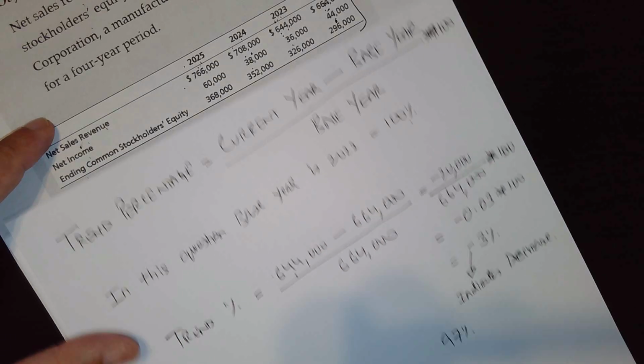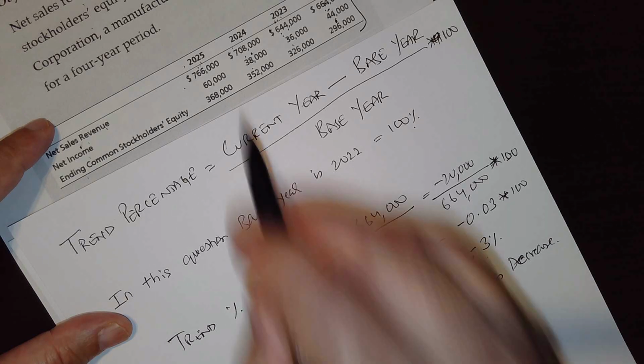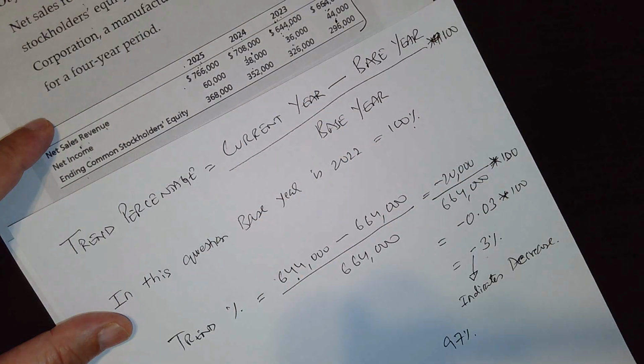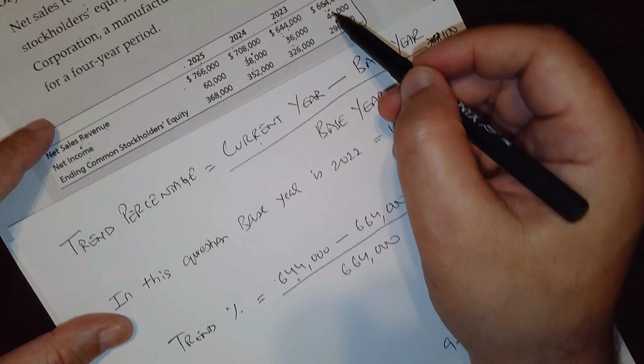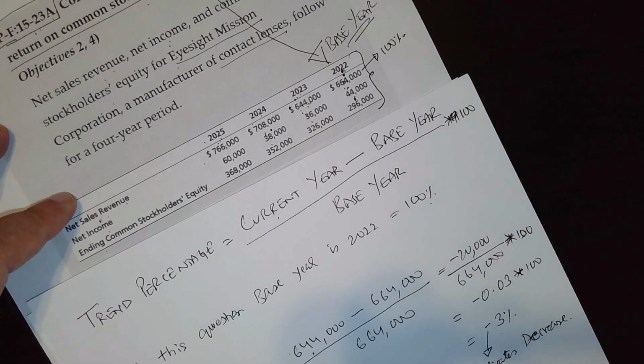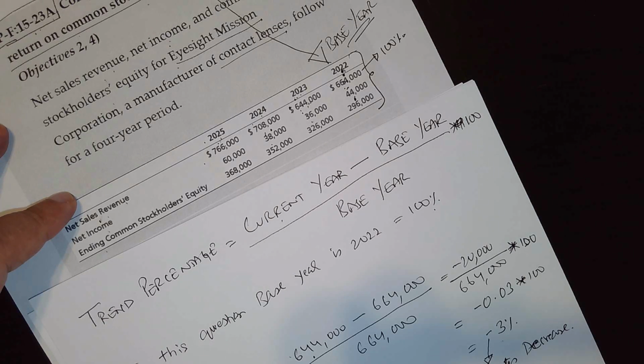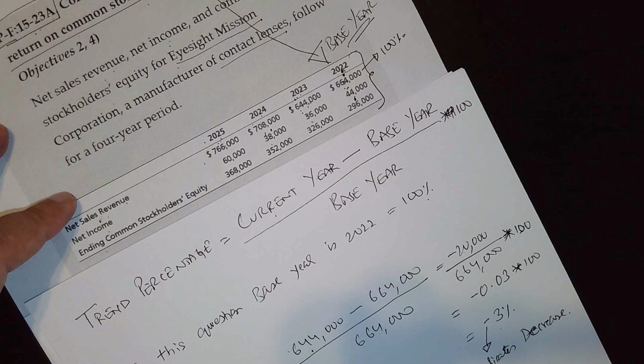Let's calculate another trend percent for 2024. The current year number is 708,000. We subtract the base year, 664,000, and divide by 664,000.